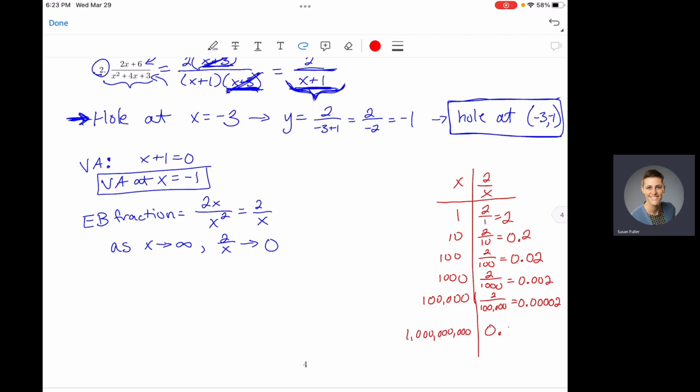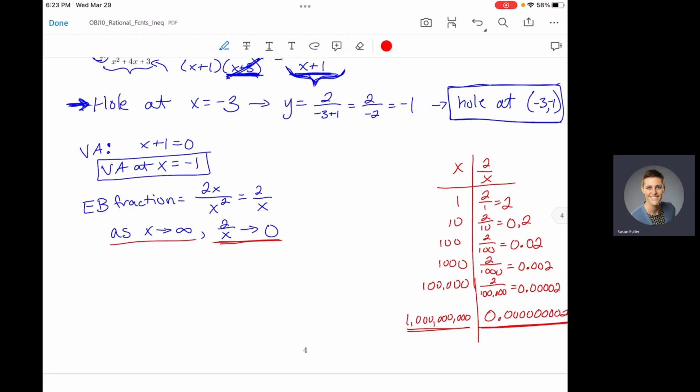So we're actually going to have 8 zeros here. 1, 2, 3, 4, 5, 6, 7, 8, 2. So basically what happens is the bigger x gets, the further out that 2 gets. We get more and more zeros here. This number is getting closer and closer to 0. So as x goes to infinity, this 2 over x is going to go to 0.